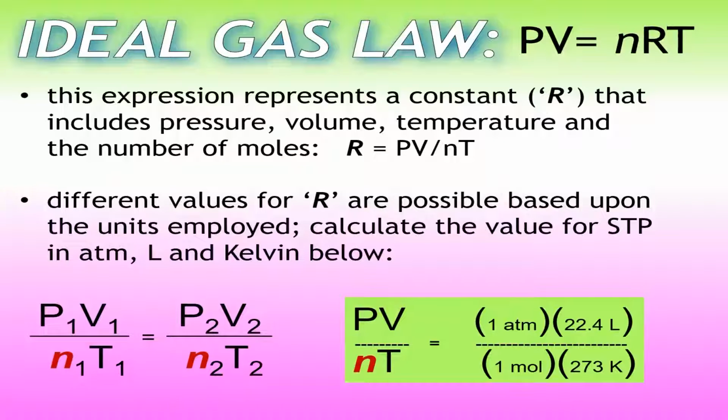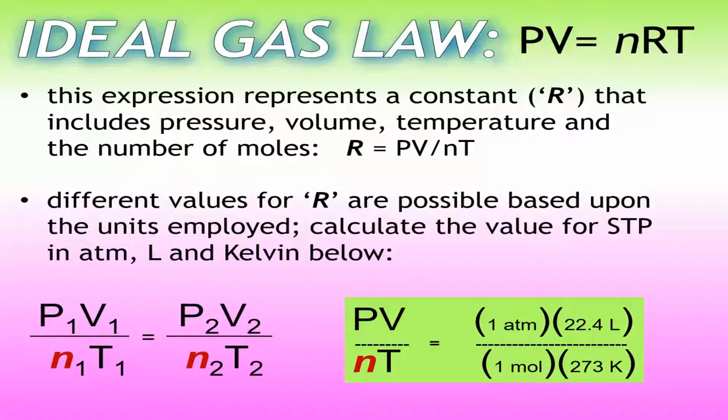And it turns out that if you have 1 mole of any gas at these conditions, that is said to be the molar volume, which is 22.4 liters at STP. And so in this formula, this makes the math pretty simple. Really, it's 1 atmosphere times 22.4 liters divided by 1 mole times 273 Kelvin.